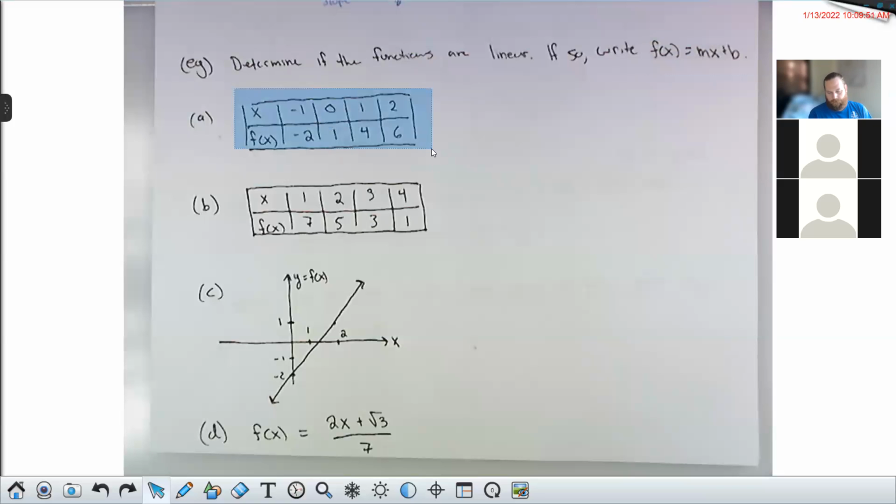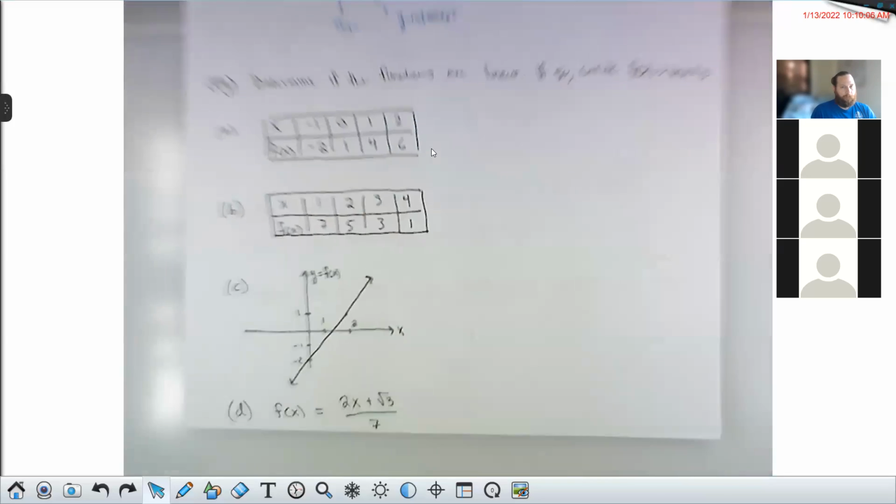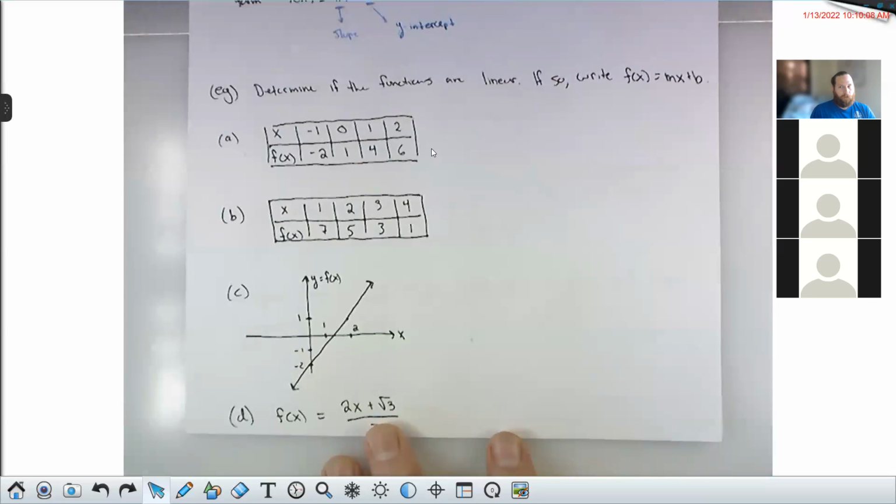What should I do with this first guy? Which of those 3 definitions is most useful here? The y-intercept. The average rate of change. Yeah.